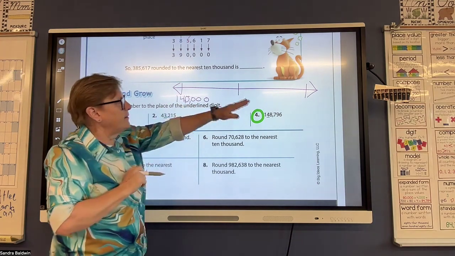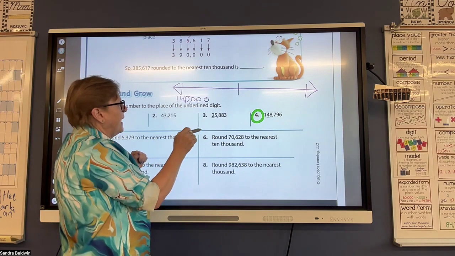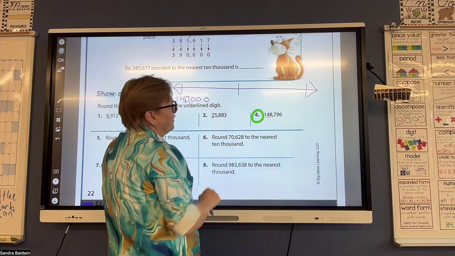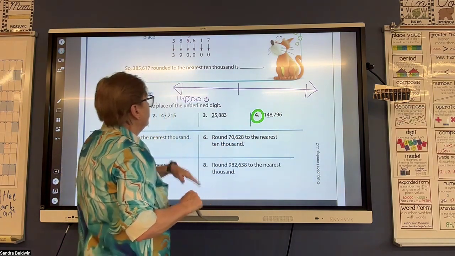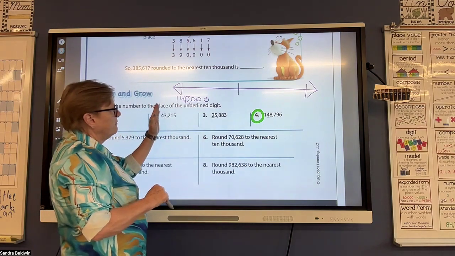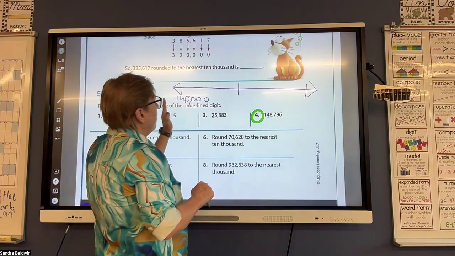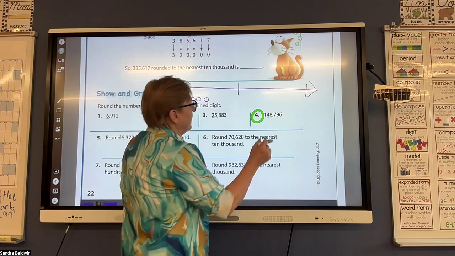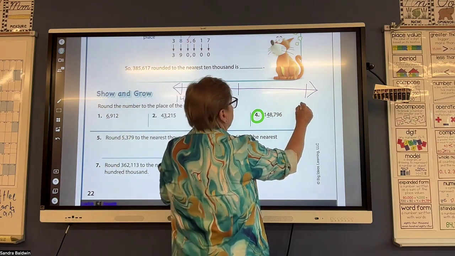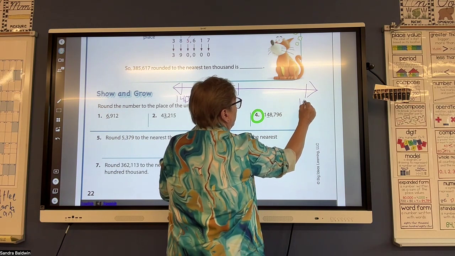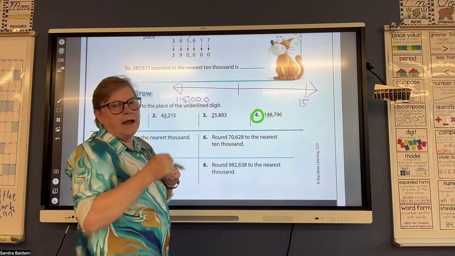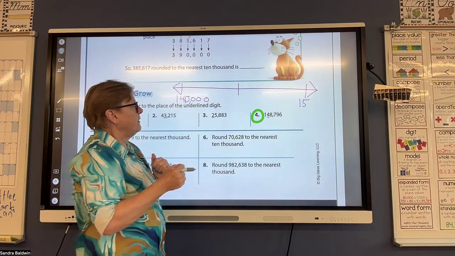I need a high number because it's asking, is 148,796 closer to 140,000 or 150,000? One number higher than 14 is 15.